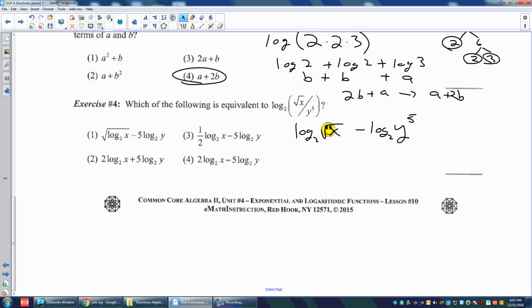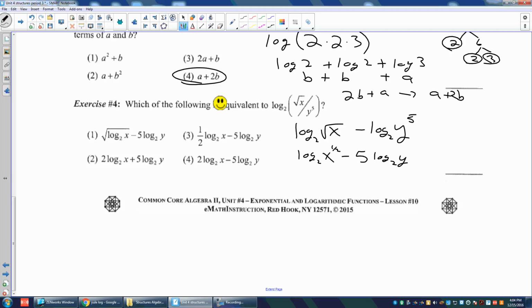Now, let's take a look at that. That is something raised to the 1/2. Log base 2 of x to the 1/2 minus, while I'm at it, I might as well bring the 5 in front using the exponent rule. 5 log base 2 of y.